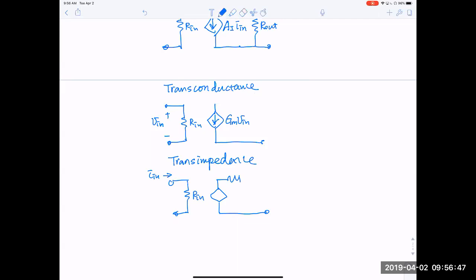What you're suggesting is, yes, for the transconductance amplifier, the output resistance should be in the shunt position. Okay, so for the transimpedance amplifier, then we have Rm, the transresistance, times I in as a dependent voltage source.